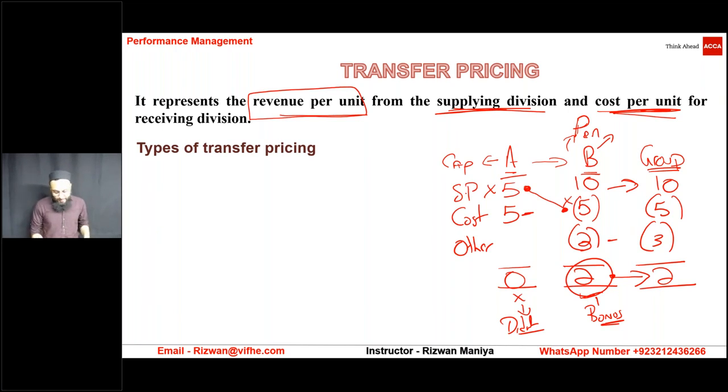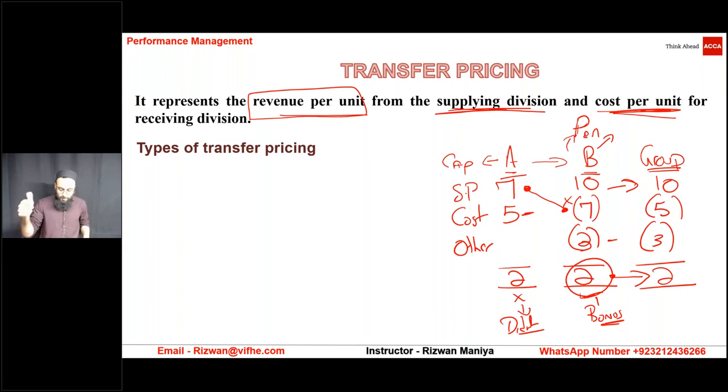A said, okay, last time I sold this product on the basis of my cost, but now I'll not do this. Now I'll sell you this for 7. Let's see the impact. If A is selling for 7, the profit of A will be 2. The transfer price is 7, which means the revenue for A is 7 and the cost for B is 7.